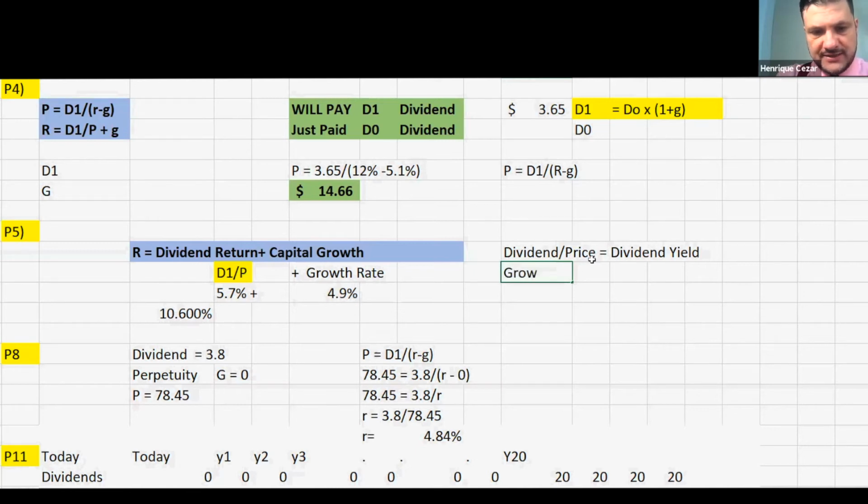So the growth rate given on the problem is equal to your capital gain, okay? There you go, all right? So the growth rate, the g, the growth, is capital gains, and D1 divided by P is your dividend return.